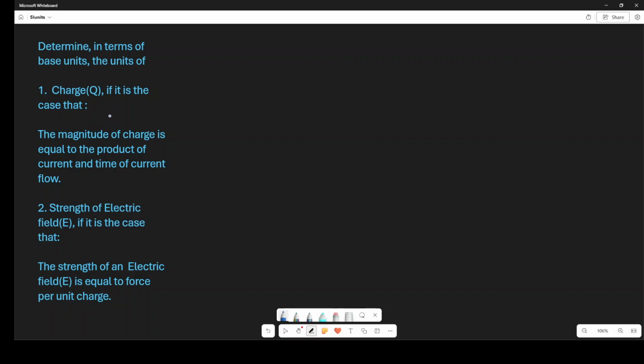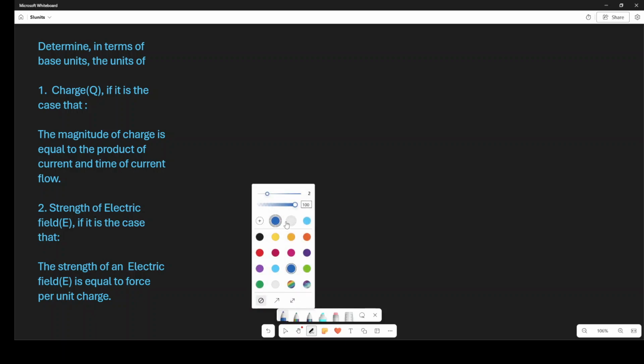Charge, the magnitude of charge is equal to the product of current and time. So Q, okay, maybe not. Okay, I think let's stick with white.